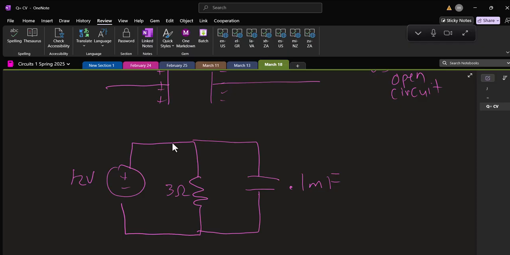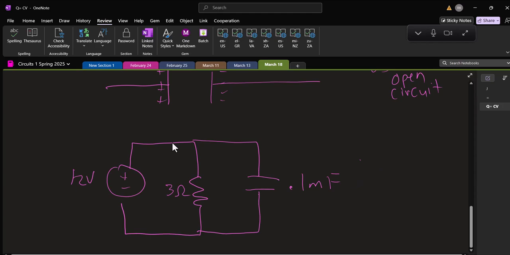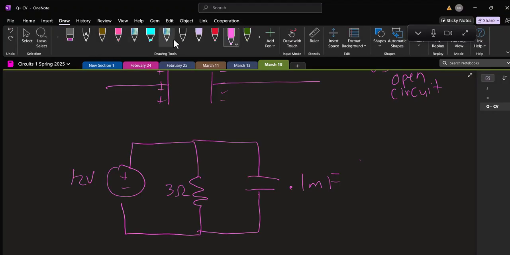Okay, so let's say this is our circuit. The circuit has been on for some time.